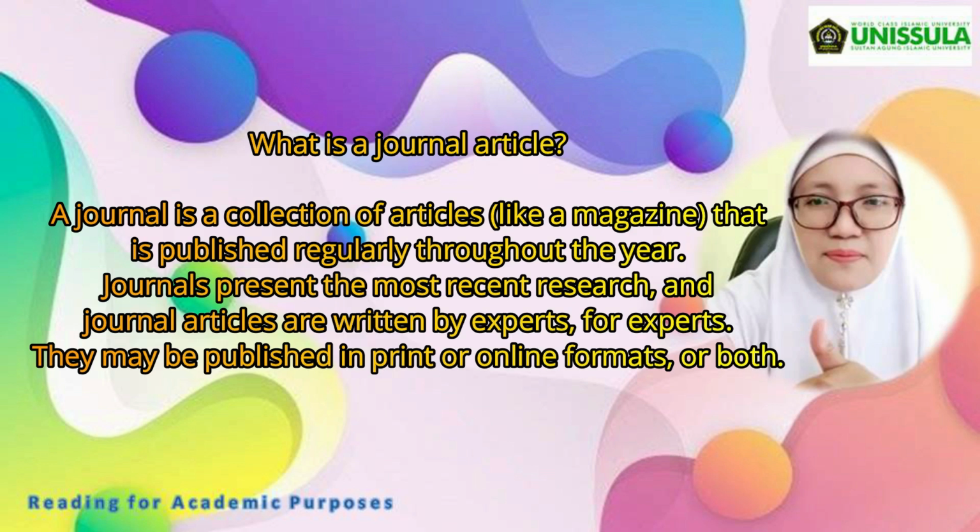It is like a magazine that is published regularly throughout the year. Journals present the most recent research, and journal articles are written by experts for experts. They may be published in print or online formats, or both.